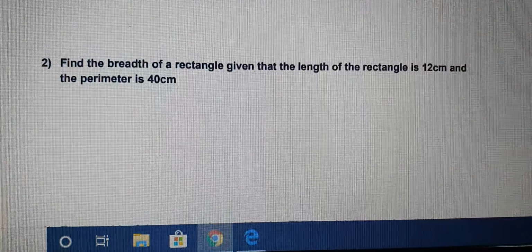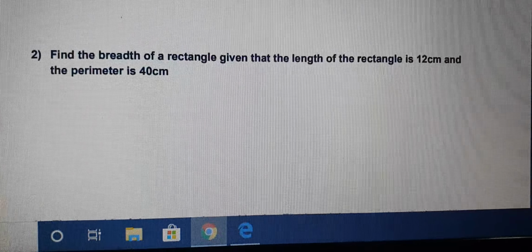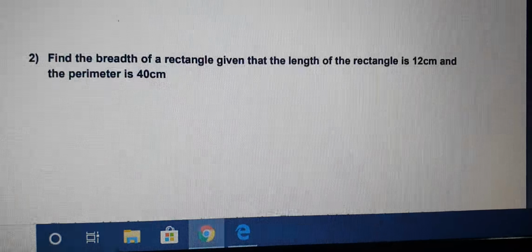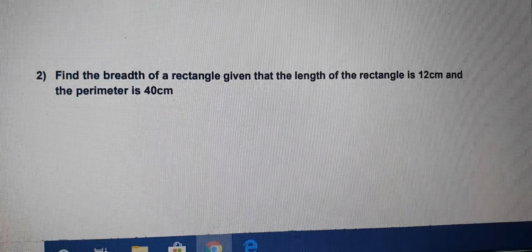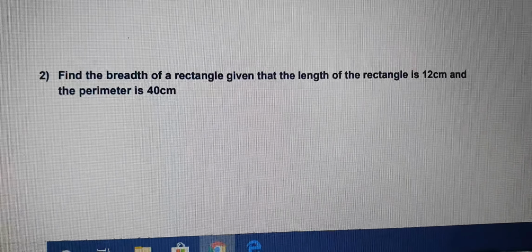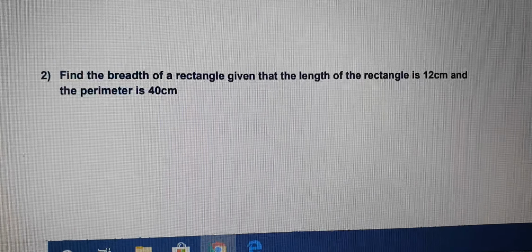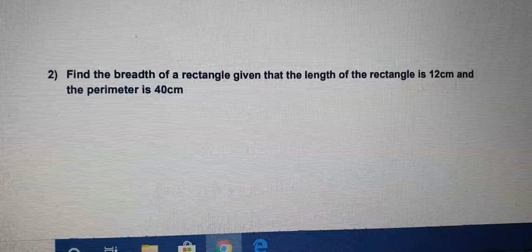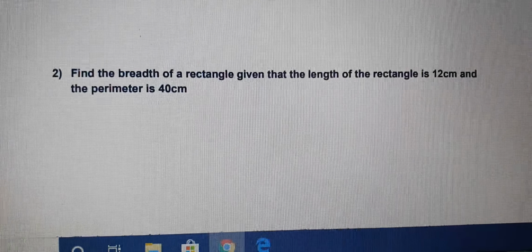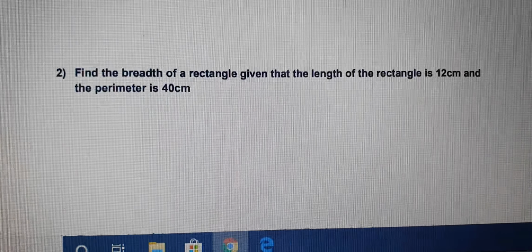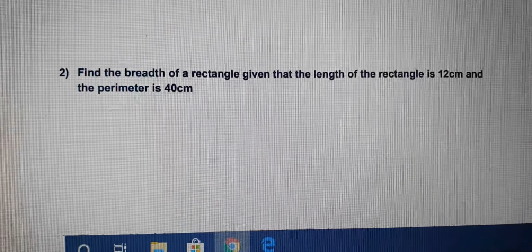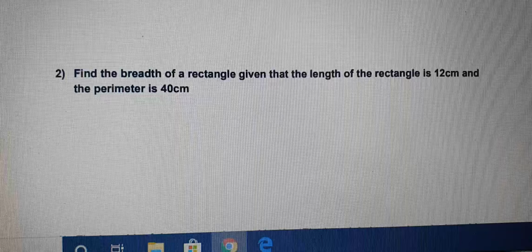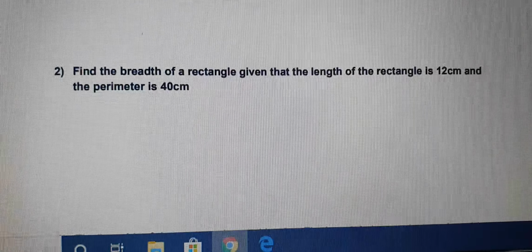Find the breadth of the rectangle, given that the length is 12 centimeters and the perimeter is 40 centimeters. Now the perimeter of a rectangle equals 2 into length plus 2 into width. They have given us the length, that is 12 centimeters, and we have to find the breadth.